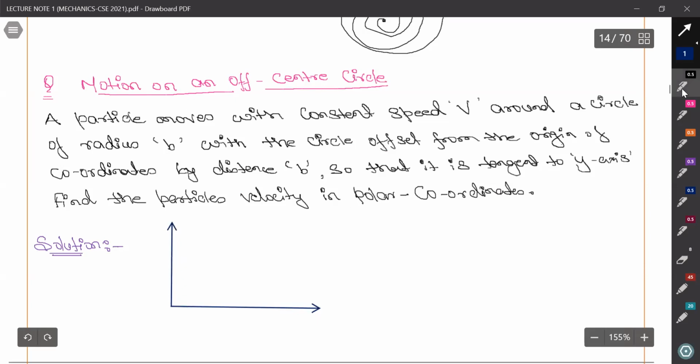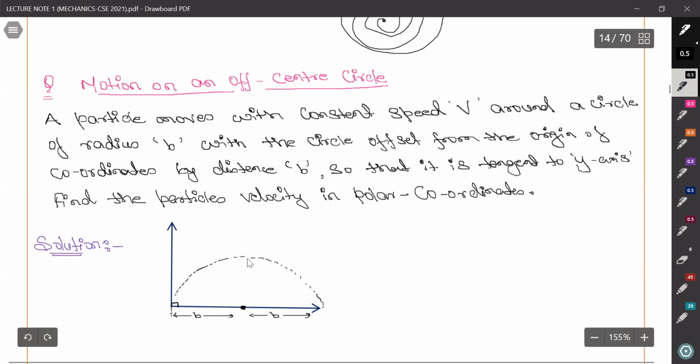I think this is our coordinate axis, and the circle is like this. This is its center, and this is the tangent to the circle. This is b, and this is b also. Radius of the circle is given.